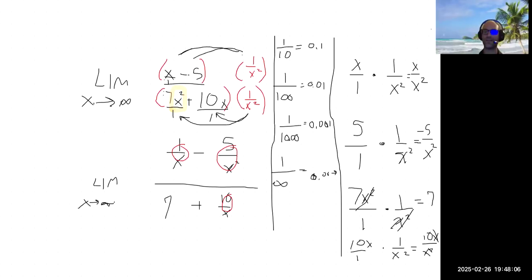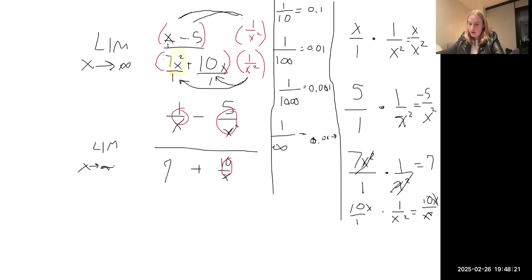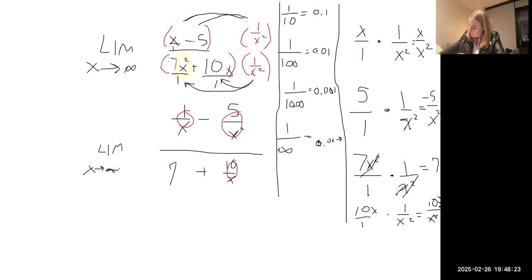The 7 does not cancel out, which means that we do not have an undefined. Let's circle these. Everything circled is a constant over infinity. That's right, all of those are a constant divided by infinity.